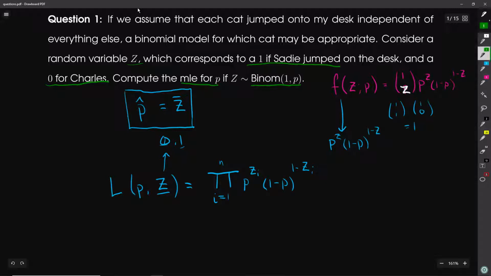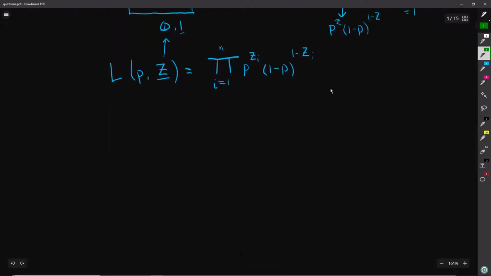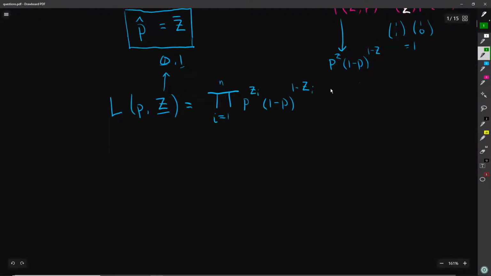Now, we can do some simplification here, right? So, thinking about some properties of exponentiation, which I'll write over here, we can think about the fact that b to the power of a multiplied by b to the power of c is equal to b to the power a plus c, right? And so if we have the same base and then we take exponents, we add those exponents.